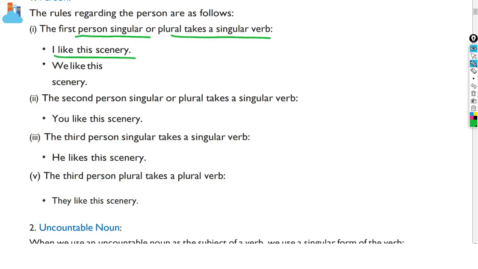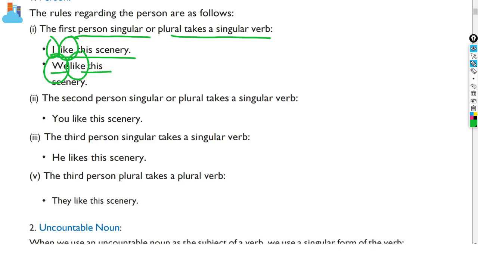I like this scenery. I is singular, like is singular. We like this, plural. The second person, singular or plural, takes a singular verb.